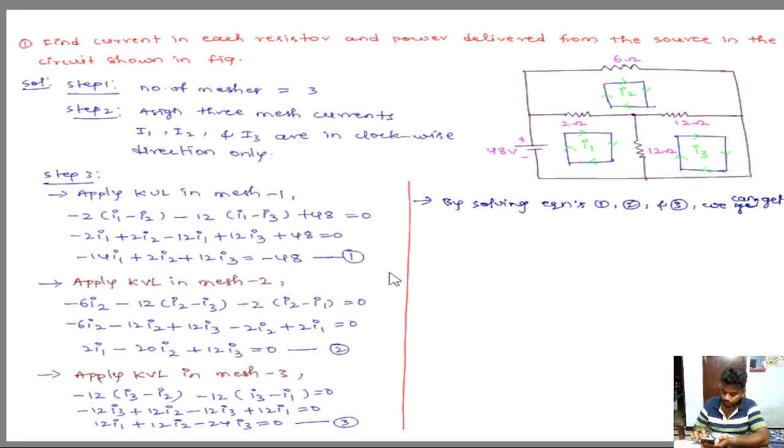Equation 1 values: minus 14, plus 2, and plus 12 is equal to minus 48.